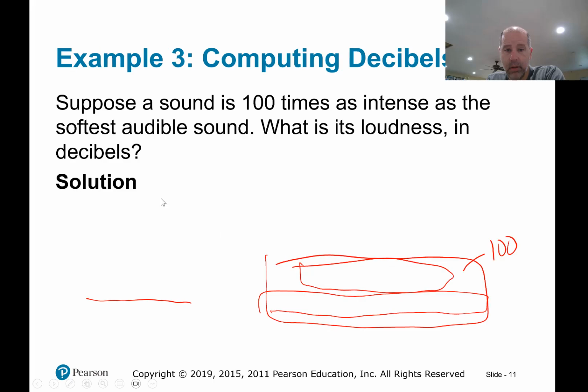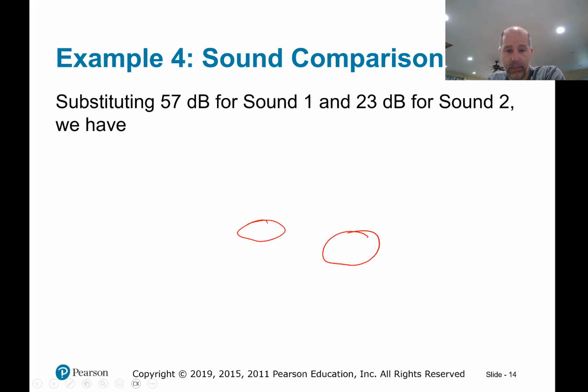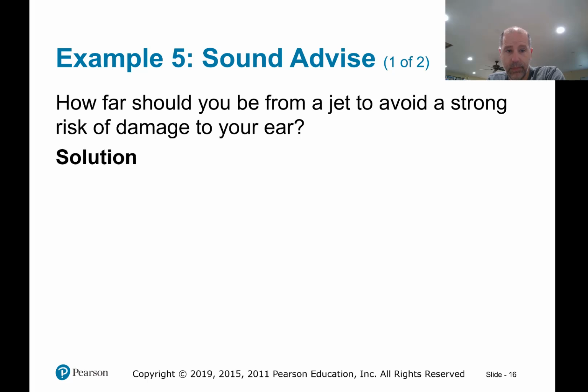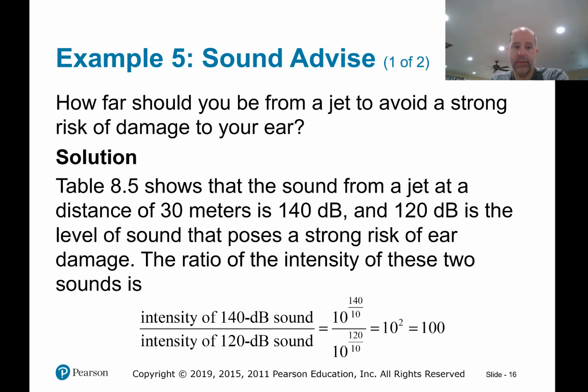So that's what we're going to use. The table we're looking at shows that the sound from a jet at a distance of 30 meters is 140 decibels, and 120 decibels is the level of sound that poses a strong risk of ear damage.